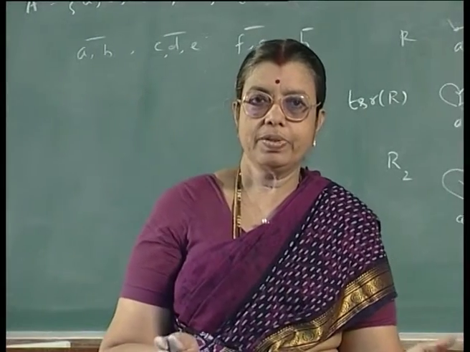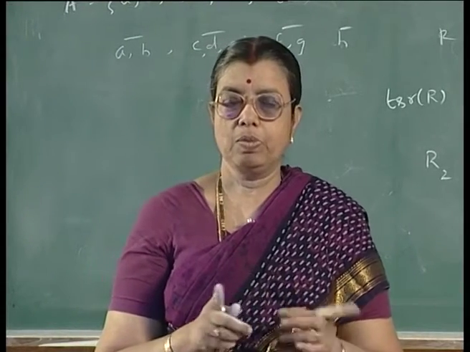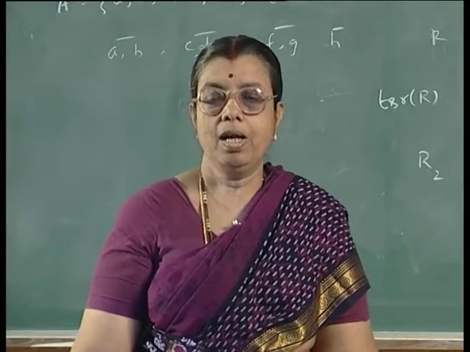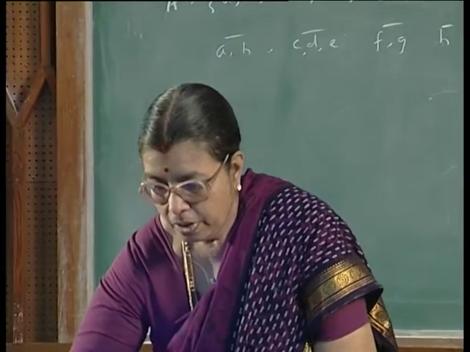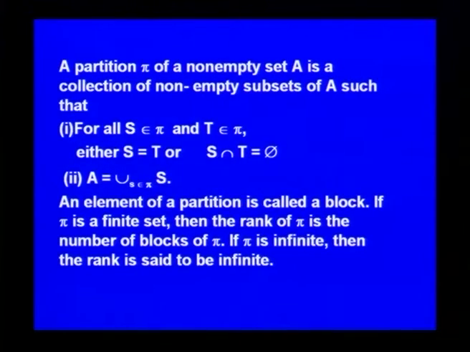That is, you can divide it into blocks so that one element is present in only one block and it will not be present in 2 blocks, but every element will be present in one block. So, a partition pi of a non-empty set A is a collection of non-empty subsets of A such that for all S belonging to pi and T belonging to pi, either S is equal to T or S intersection T is equal to phi, and A is equal to the union of S belonging to pi.